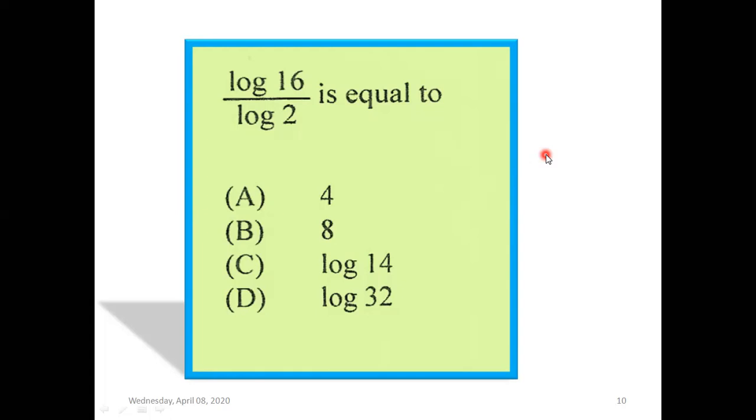I'm not saying it's not 8 for the answer, but how would you work it out without the calculator? Use the formula I gave you. Which one of the formulas are you going to use? Back to the book.